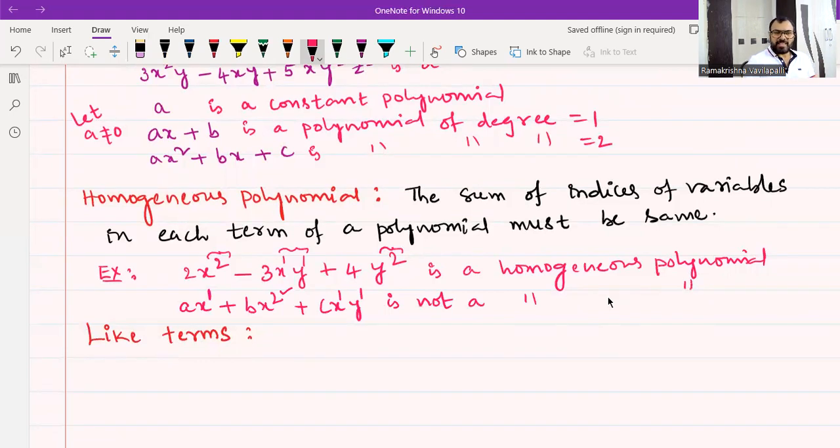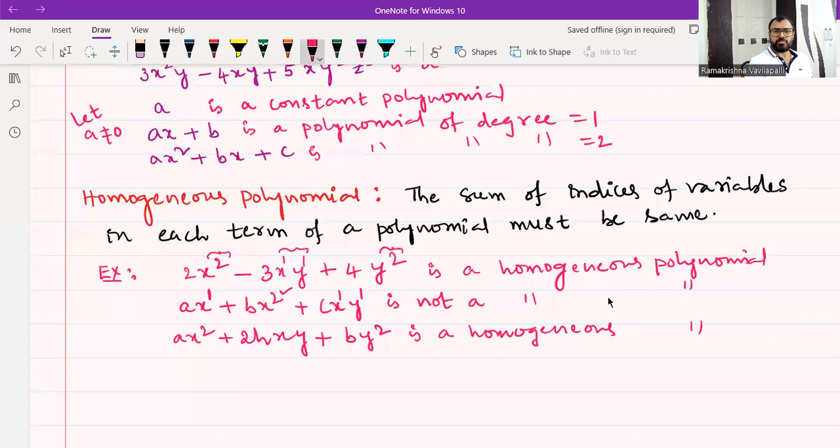So like this, you can create homogeneous polynomials by yourself. ax square plus 2hxy plus by square is a homogeneous polynomial.